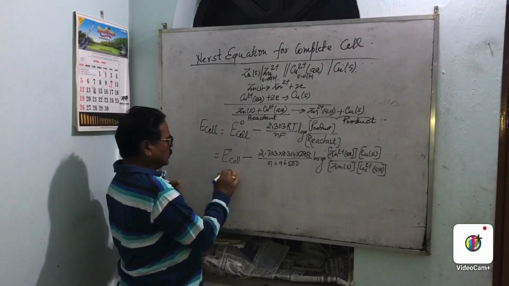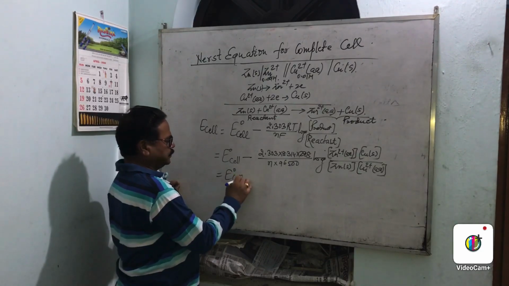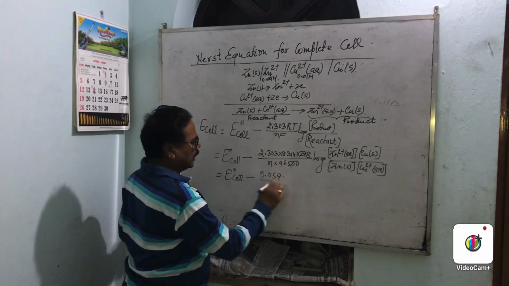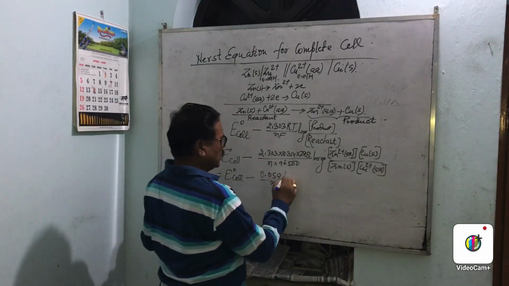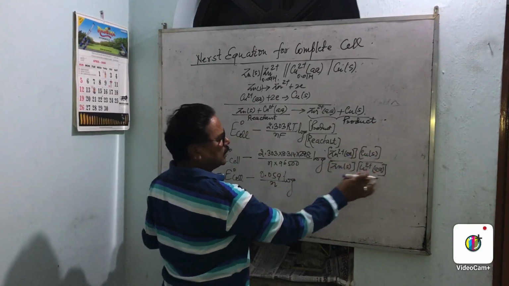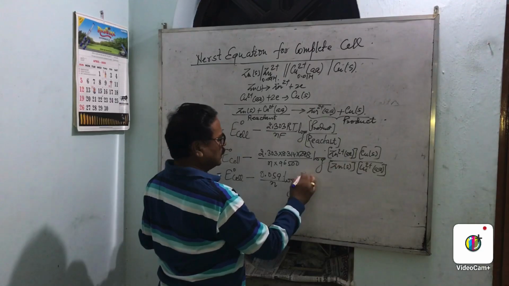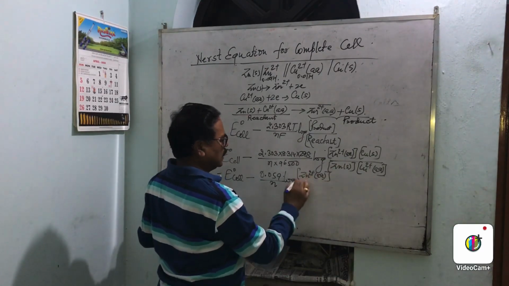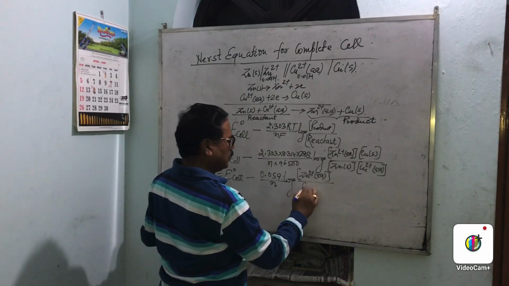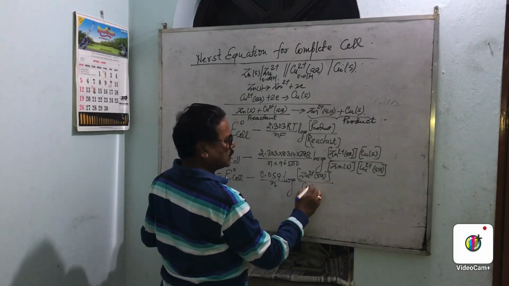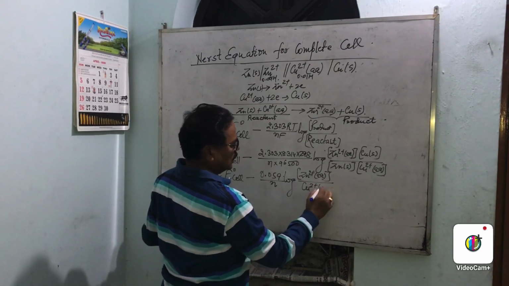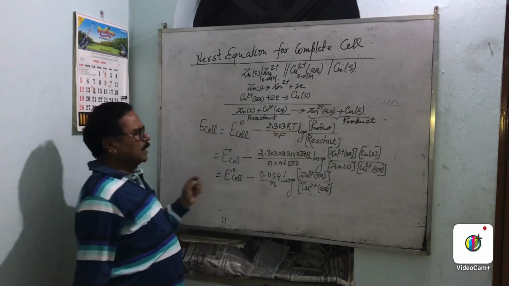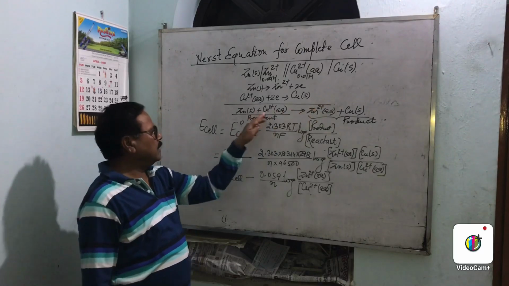So on solving it, E0 cell minus 0.059 by N and this is log. Again, copper solid and zinc solid, active mass is 1, so considered as Zn2 plus aqueous and this is copper 2 plus aqueous. So you will see in the Nernst equation, zinc is product by reactant.